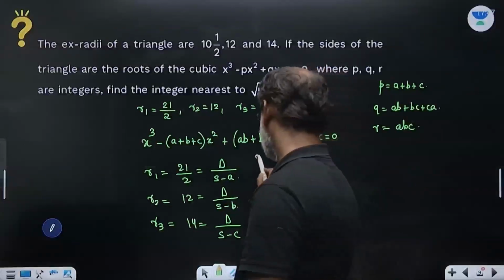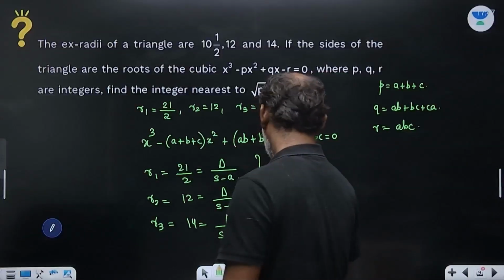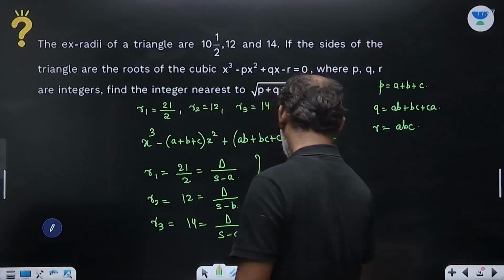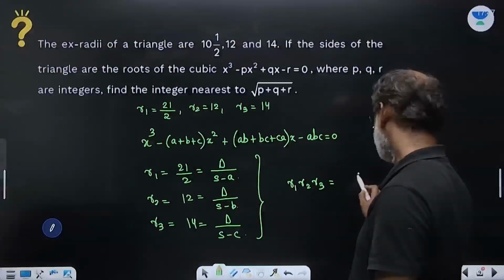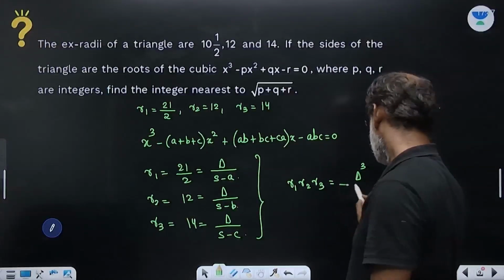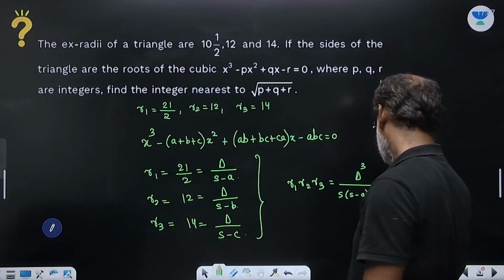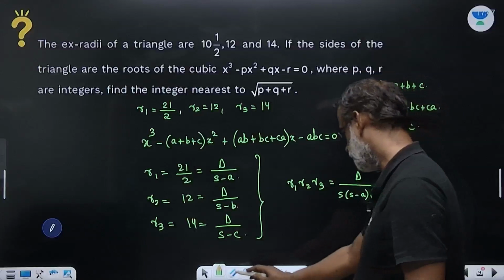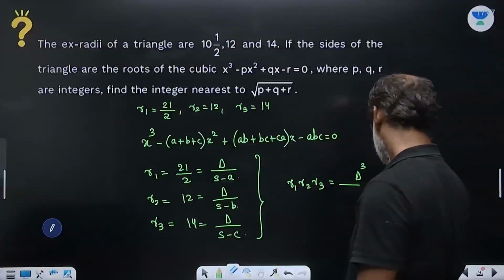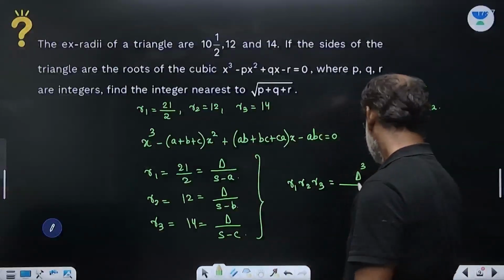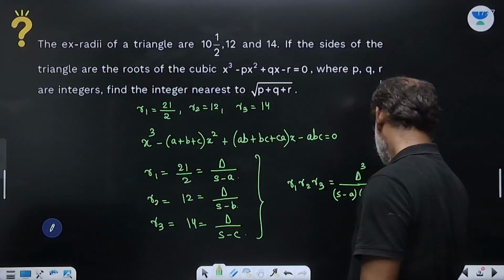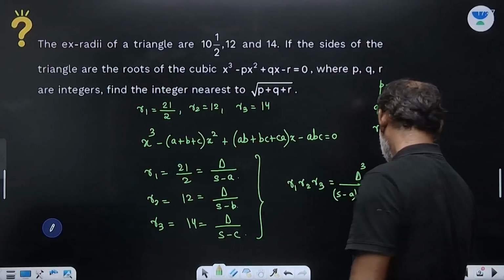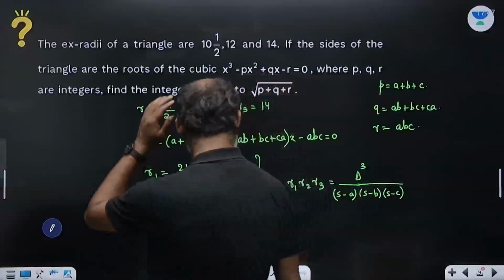Now suppose we have to find a, b, c. Let us first multiply them. So what you get is R1 R2 R3 is delta cube upon S, (S minus a)(S minus b)(S minus c).